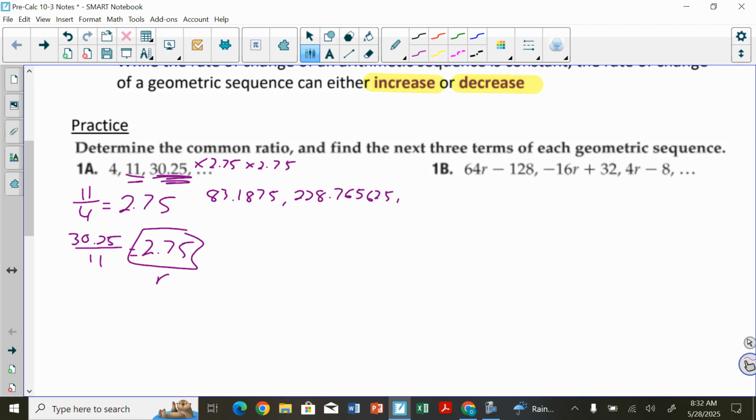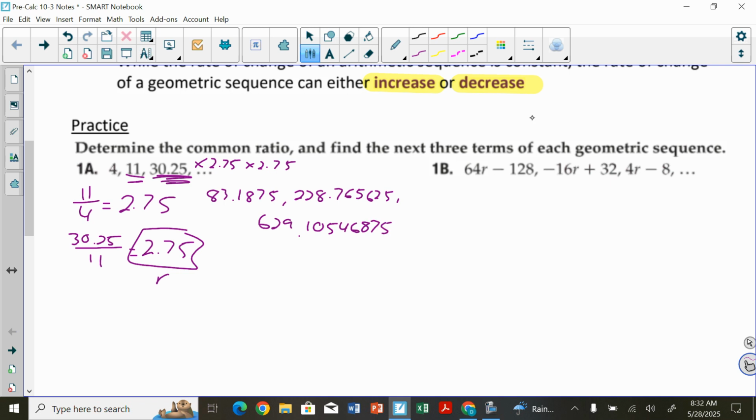And notice I'm not rounding here, because when I round, that's when I'm going to have an issue getting the exact numbers, because I'm multiplying by the whole number of 2.75.